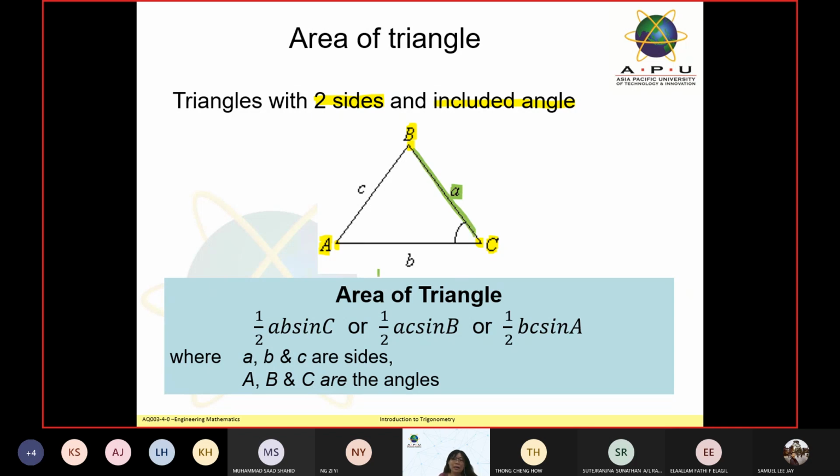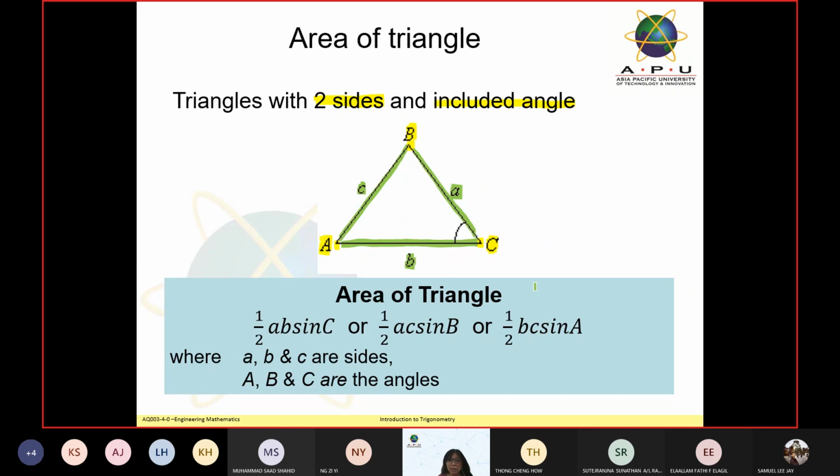For vertex B, the opposite side we label as small letter b, which represents the length of this side. Then for vertex C, the opposite side we label as small letter c, which is the length of this side. So that's how we label the triangle.